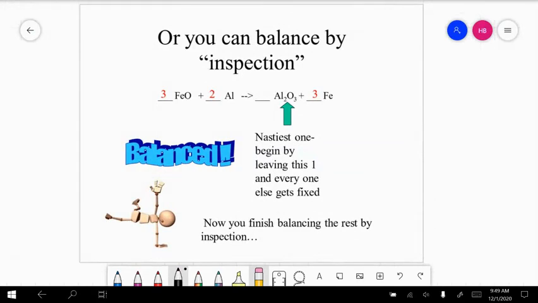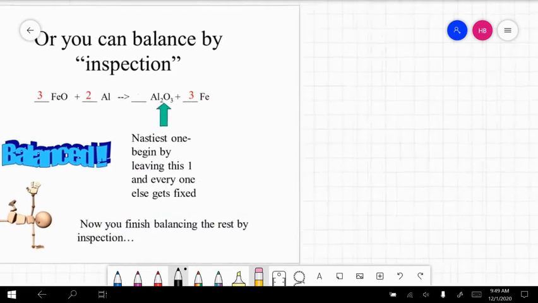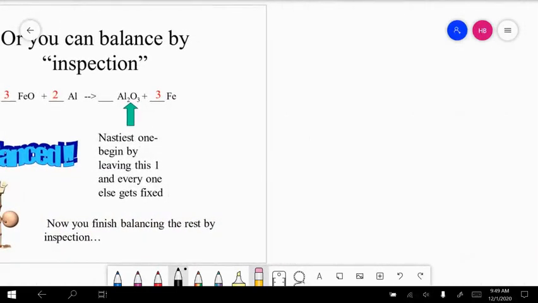Okay, the other thing you can do is balance by inspection. Let's say you didn't want to do a T-chart. In this case, the T-chart would be kind of easy. So my problem to start with was like this.